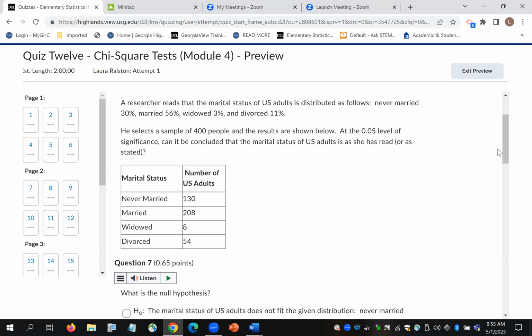Married, 56%. Widowed, 3%. And divorced, 11%. He selects a sample of 400 people, and the results are shown below. At the 0.05 level of significance, can it be concluded that the marital status of U.S. adults is as she or he has read or is as stated?